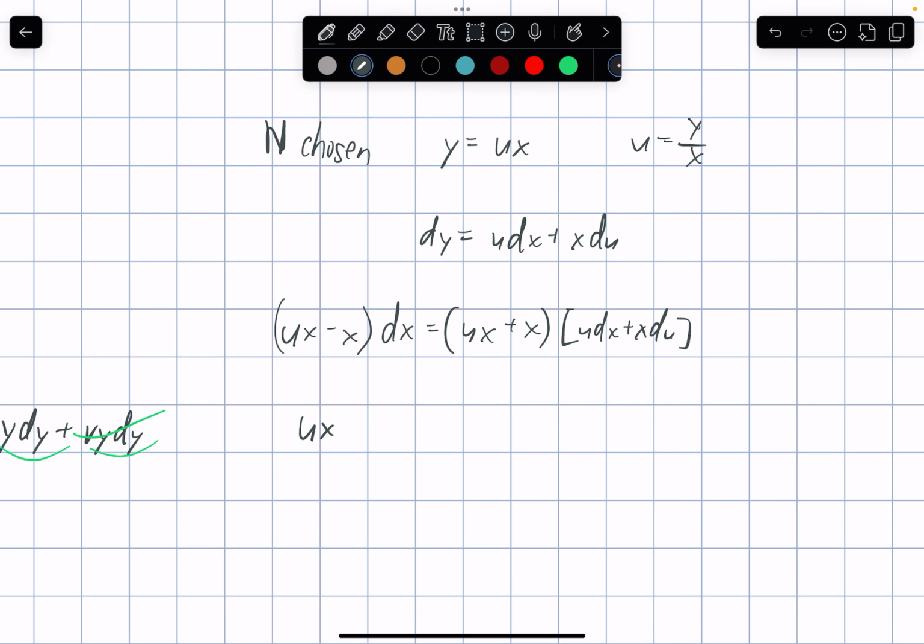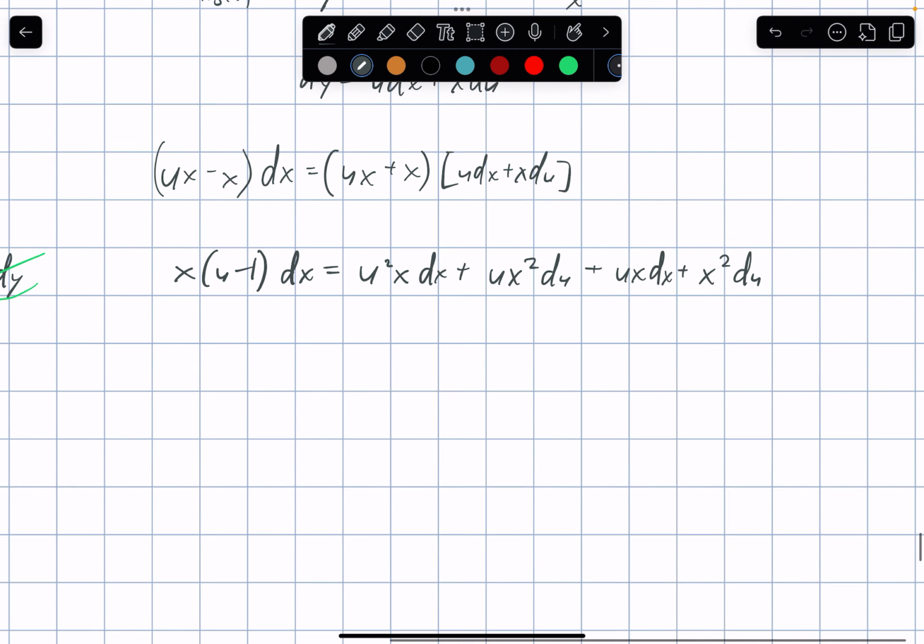Okay. Ux, segregate. Okay. U squared x dx plus ux squared du plus ux dx plus x squared du.